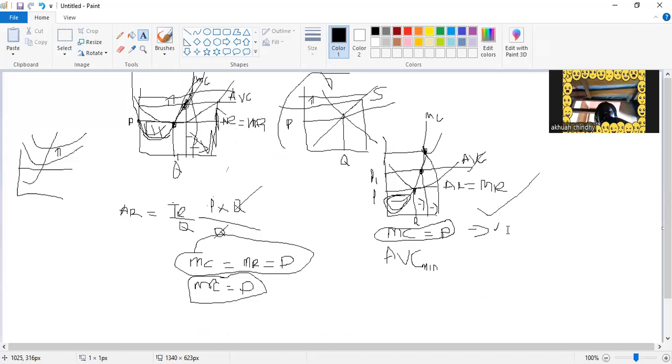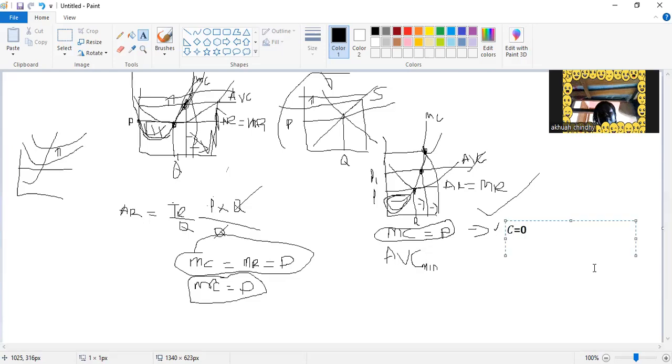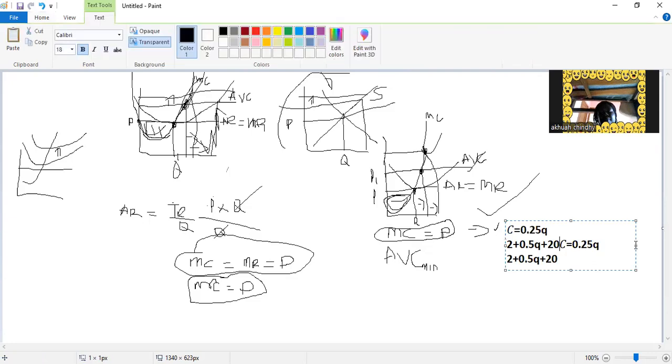Okay, I've pasted. So this is the cost curve for each individual firm. So 0.25Q squared plus 0.5Q plus 20.